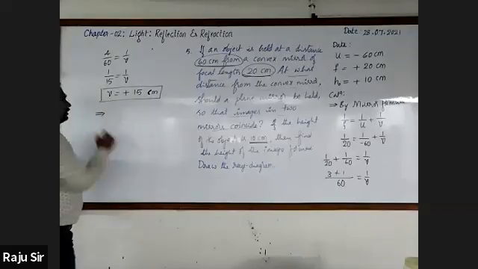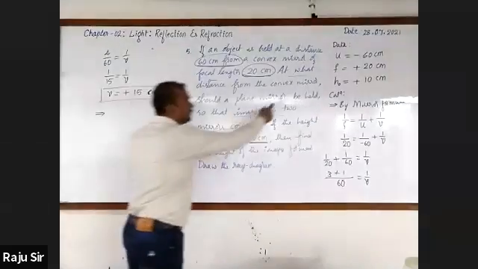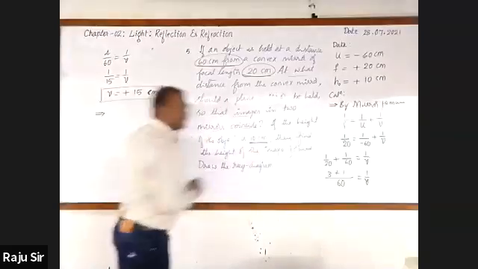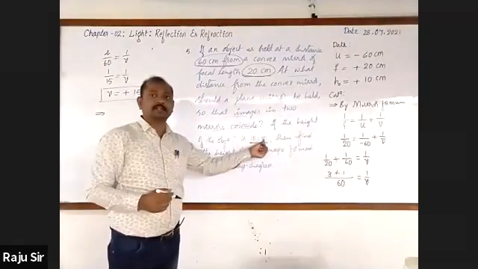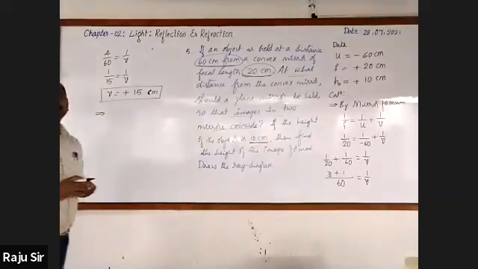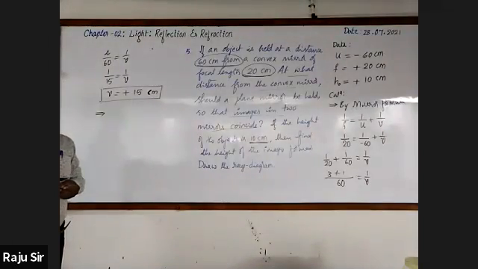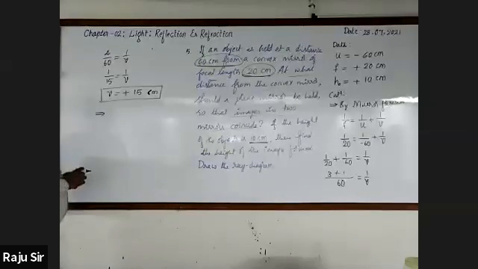Before going further, let us focus on this: if the height of the object is 10 centimeter, find the height of the image. How do we go about finding it? By the magnification formula.